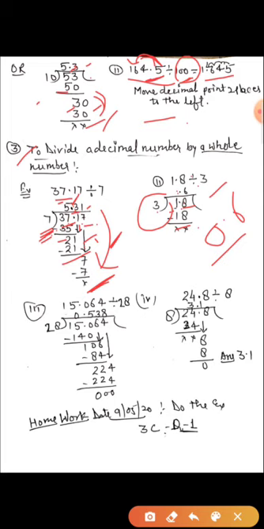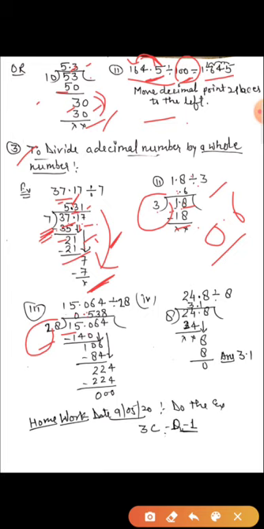Now the third is 15.064 divided by 28. You don't know the table of 28, so in this type of division you read the table of 2 and check whether the digit is divisible or not. 15, you know 15, but 15 is less than 28, so we need a digit. Which one? 0. But here is a decimal, so you use the decimal in the quotient. Now 0 point.